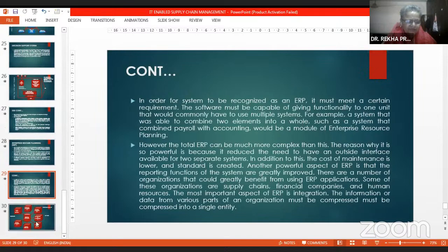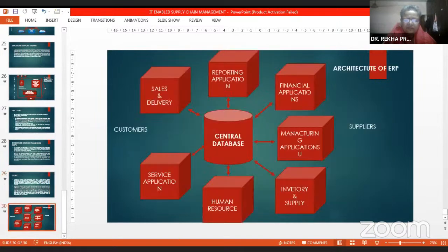So over here, I've just shown you how there is a central database. At one end, you have the suppliers, at the other end, you have the customers. And this is the central database which has all the data regarding the various operations going on in the organization.